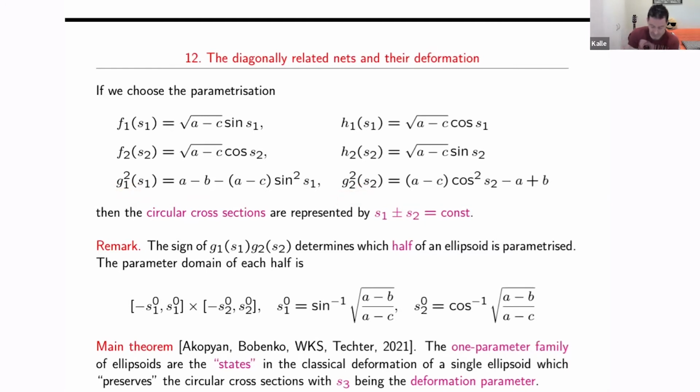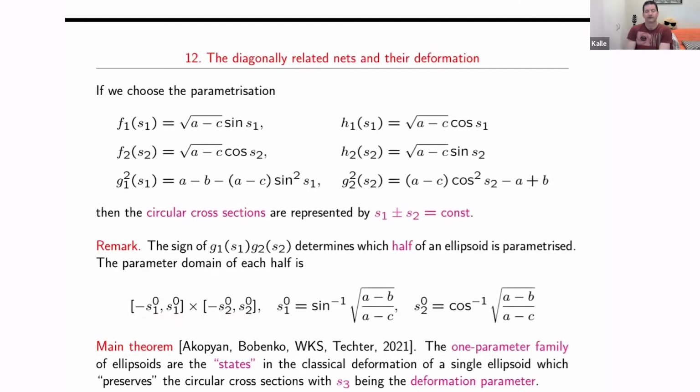Also note that at some stage this becomes negative, and this is where the coordinate system stops. And at some stage this becomes negative, so you can't find a real solution. So basically what you have here is that the pre-image of half an ellipsoid is a rectangular domain.